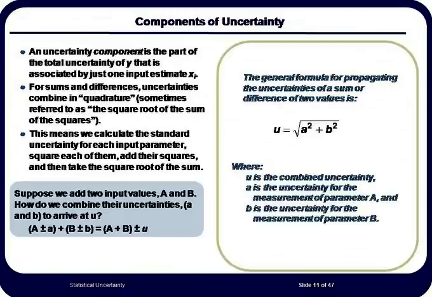As shown on this slide, when we add or subtract two measurement values, their uncertainties are combined as the square root of the sum of the individual uncertainties squared. This is referred to mathematically as being combined in quadrature.